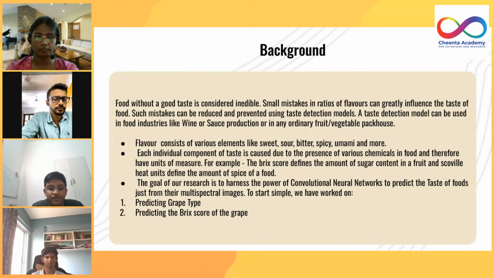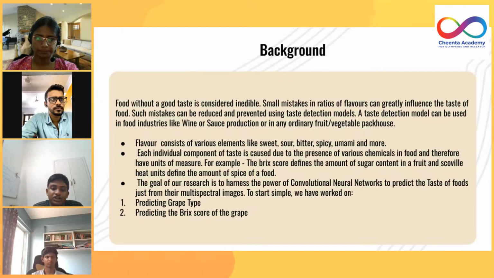Flavor consists of various elements like sweet, sour, bitter, spicy, umami, and more. Each individual component of taste is caused by the presence of various chemicals in food and therefore has units of measure. For example, the brix score defines the amount of sucrose or sugar content in a fruit, and the Scoville heat units define the amount of spice of a food.